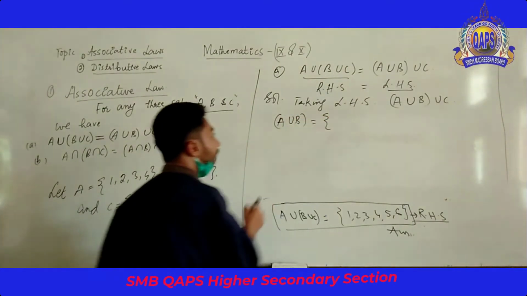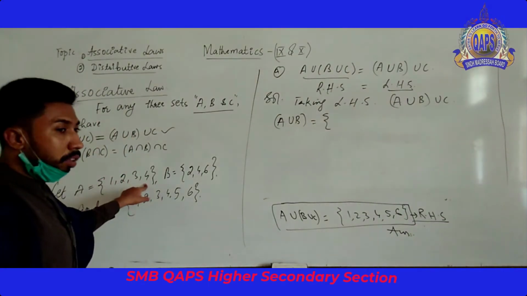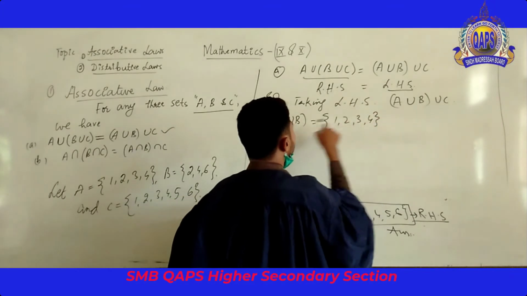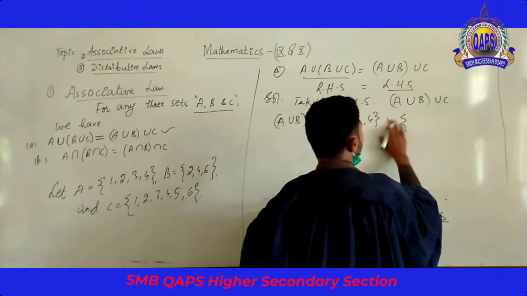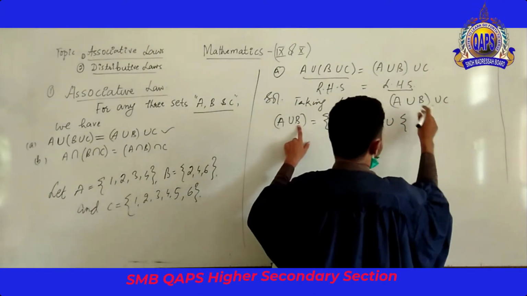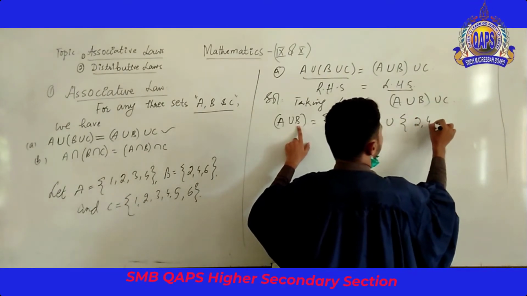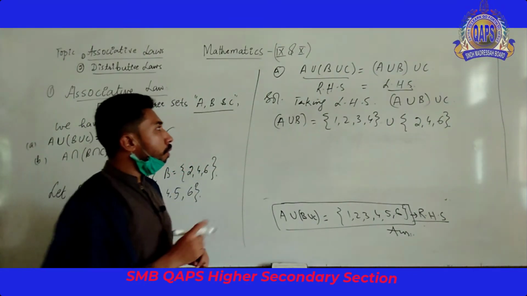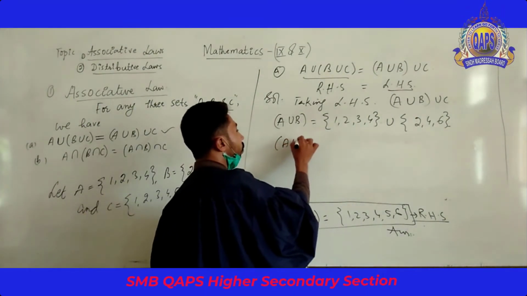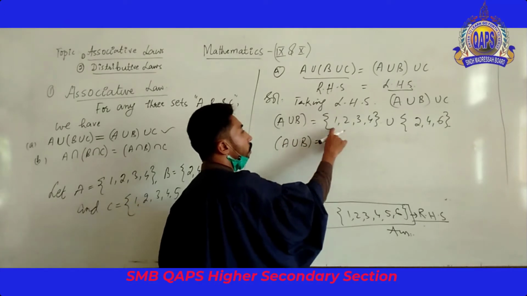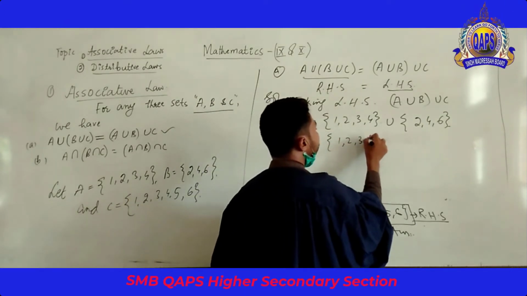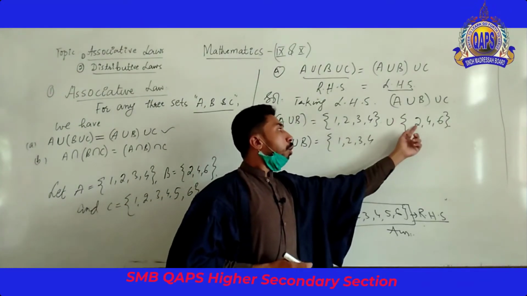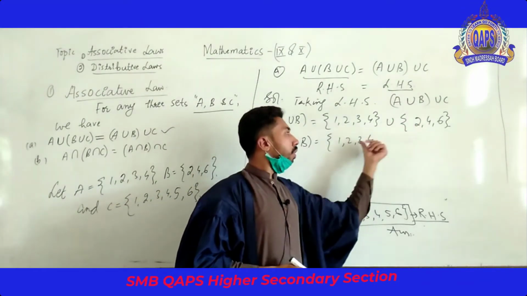Here A contains 1 to 4 elements. Now put here 1 2 3 4, then the union symbol, and then B contains elements 2 4 6. Now here we see that A union B contains 1 to 4 elements because these are written, and in B, 2 is already here and 4 is already here.